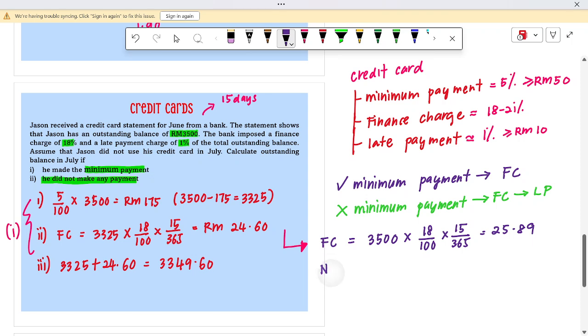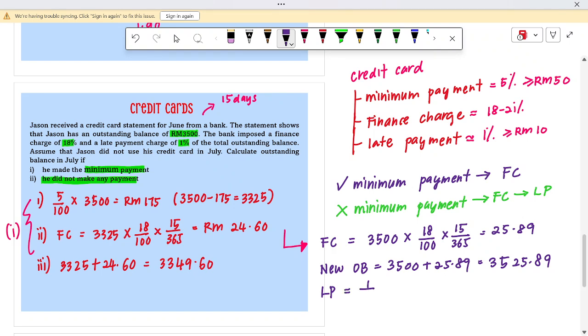So your new outstanding balance will be 3,500 plus 25.89, which will give you 3,525.89. Since there was no minimum payment done, there will be late payment charges.